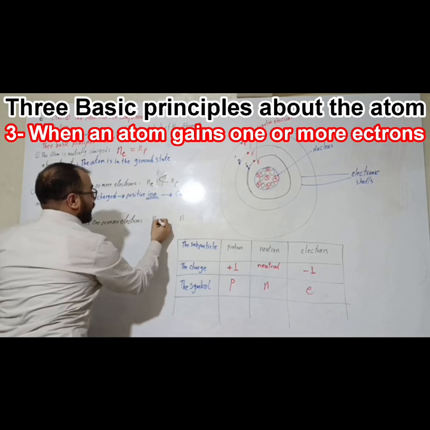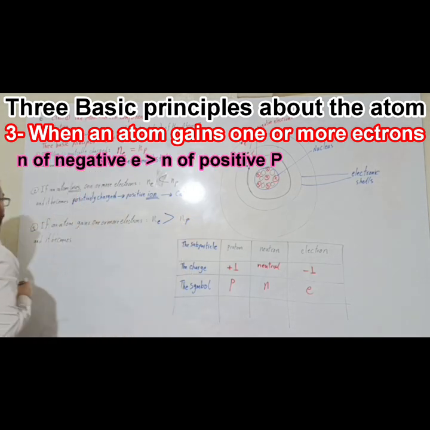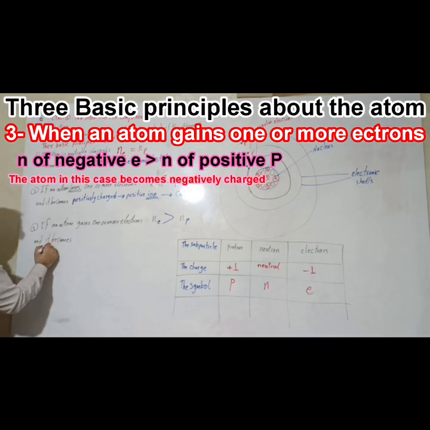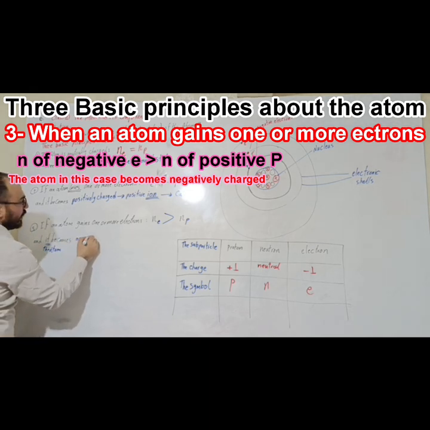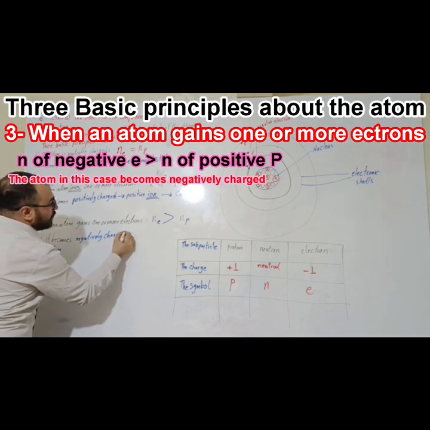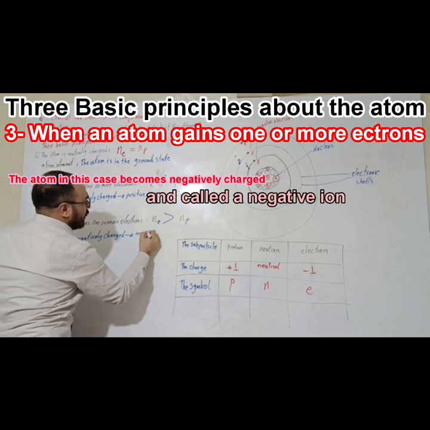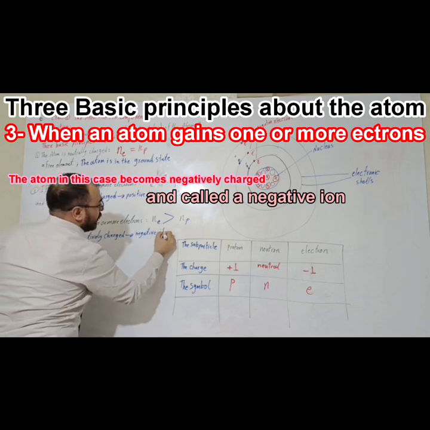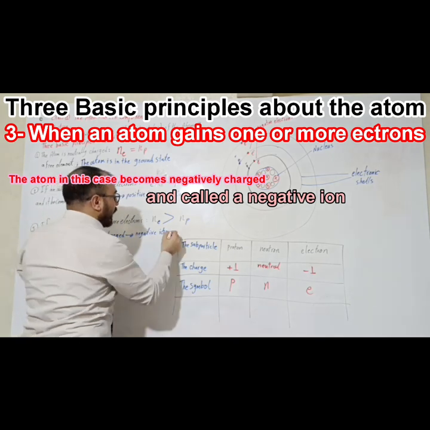The number of electrons is going to be bigger than the number of protons, and the atom becomes negatively charged, and it's going to be called a negative ion, or we can call it an anion.